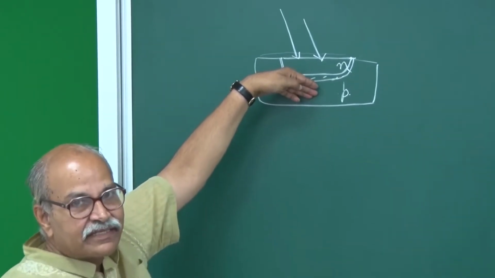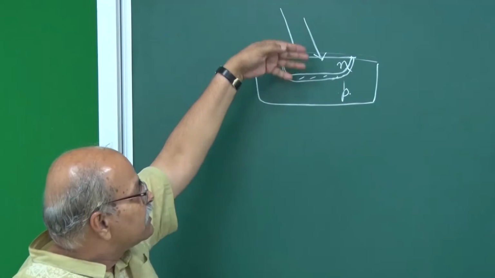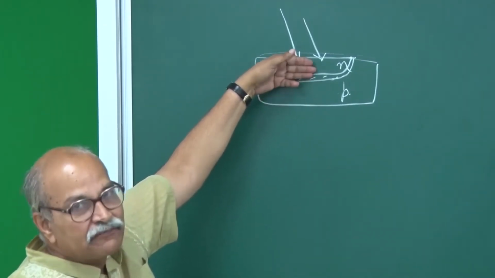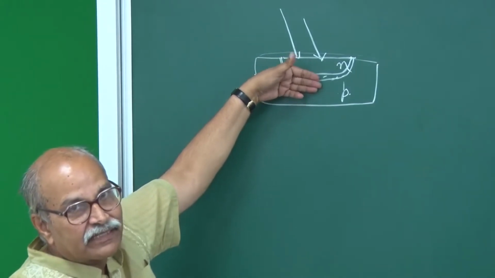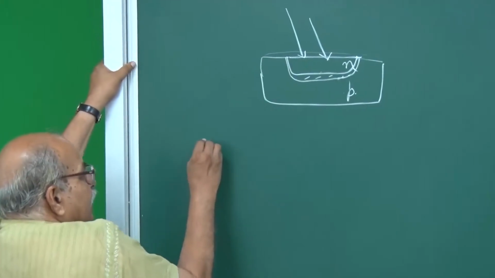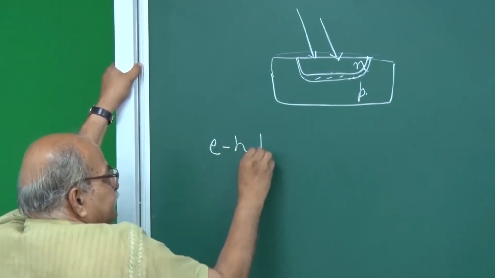What we are interested in is that photons should get absorbed in the depletion layer, or say within one diffusion length on either side. So, the photons are falling here, and they are creating new EH pairs.